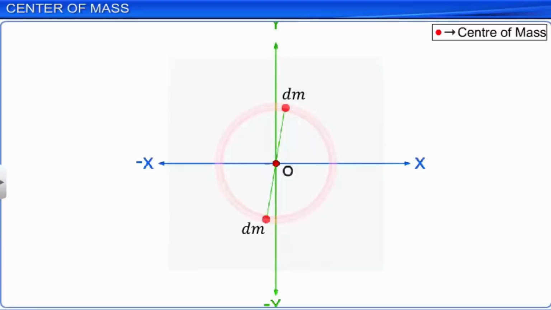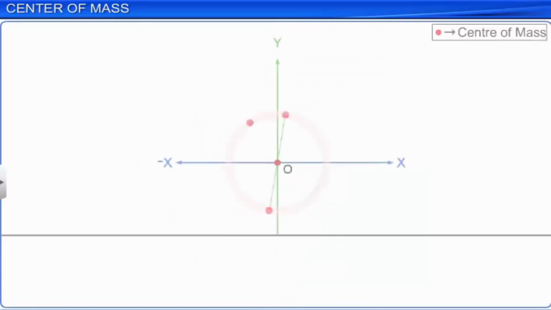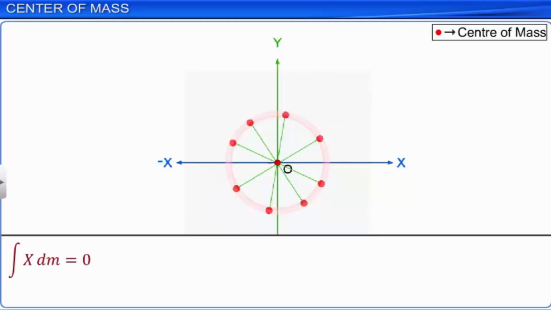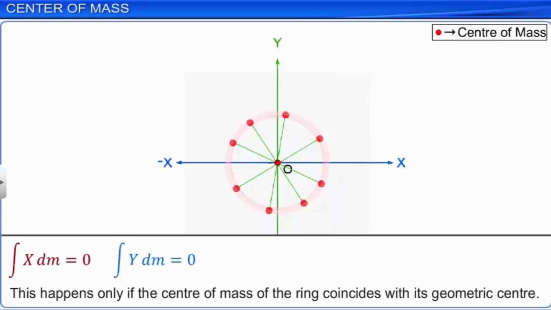If the coordinates of the first element are x, y, then the coordinates of the other element will be minus x, minus y. When all these elements are added, we get integral of x dm is equal to 0 and integral of y dm is equal to 0. This happens only if the center of mass of the ring coincides with its geometric center.